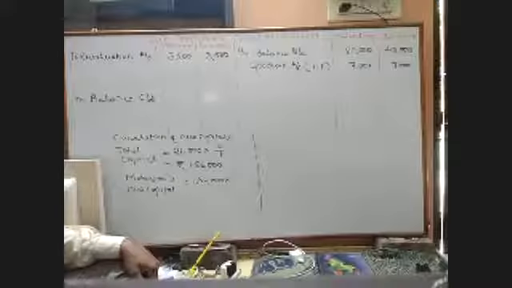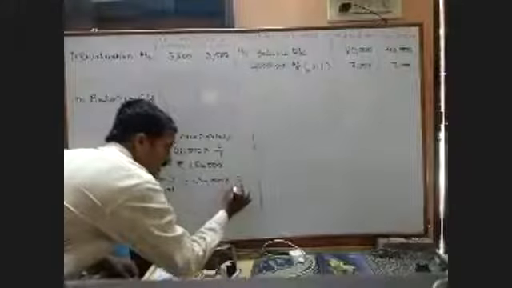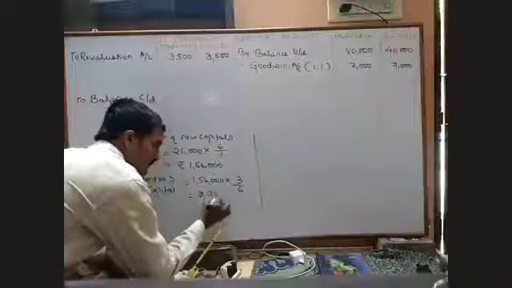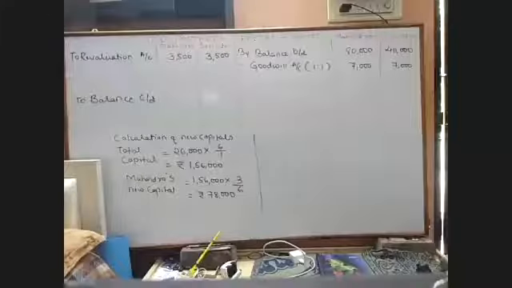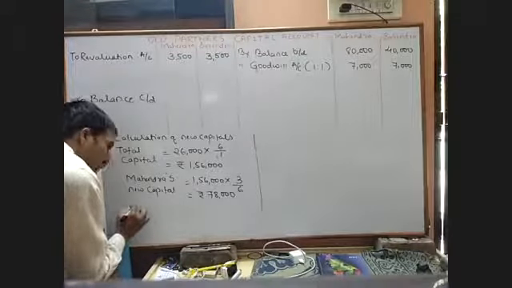Then what will be Mahendra's share? 1,56,000 into 3/6. It will be 78,000. Exactly, 78,000. And in the same way, next is Surendra's new capital.